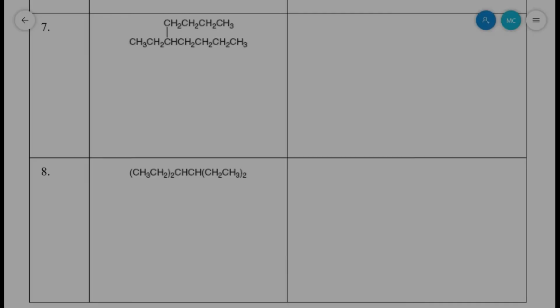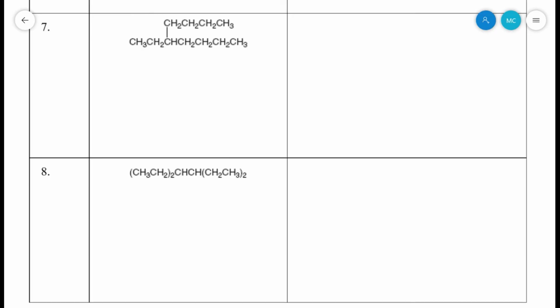Alright, let's move on to number 7 and 8. So for number 7, the longest carbon chain should be this way. Okay, so there are actually 1, 2, 3, 4, 5, 6, 7, 8, 9. 9 carbon, this should be nonane.